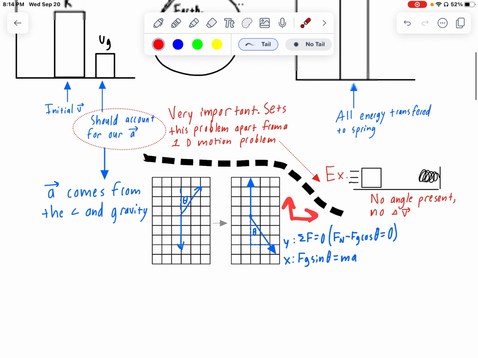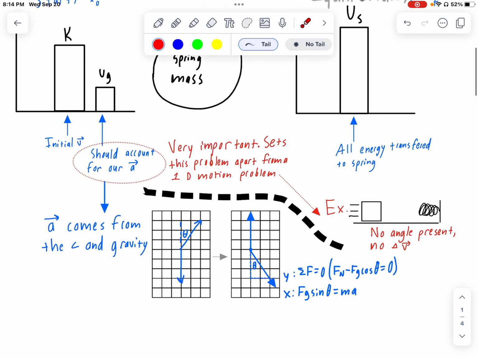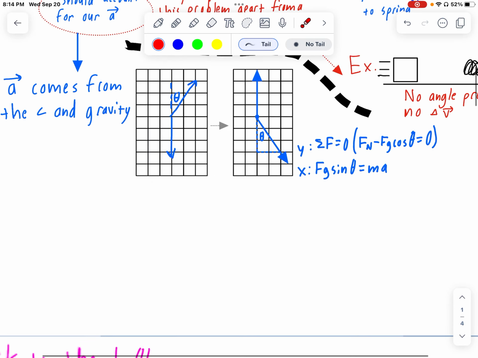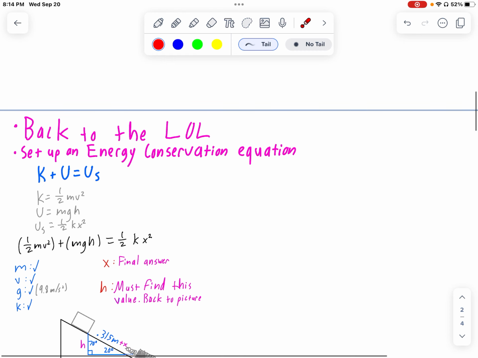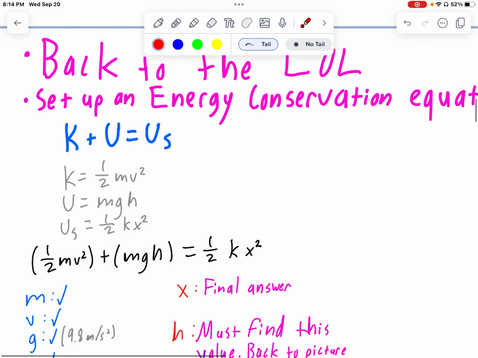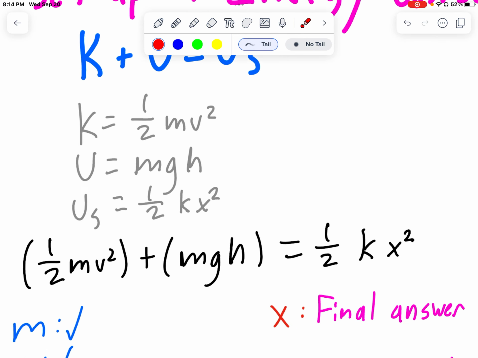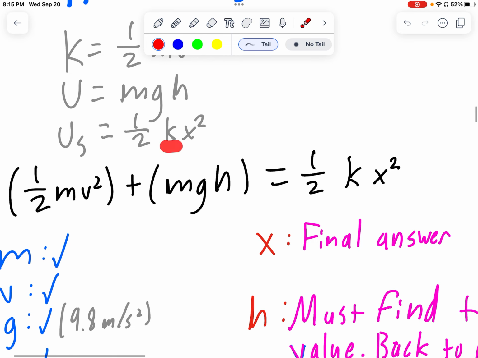Okay, now that that tangent is done, I think we've really understood the problem, and it's going to be a whole lot simpler from here. So back to the LOL. Let's set up an energy conservation equation. Kinetic plus gravitational equals elastic, and I have their respective equations here. K equals 1/2 mv squared. Gravitational, U, equals mgh, and elastic energy equals 1/2 k x squared.